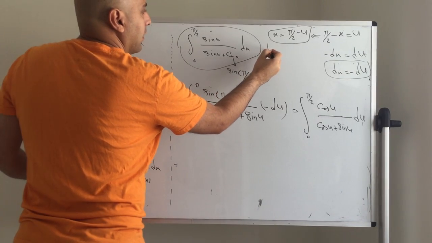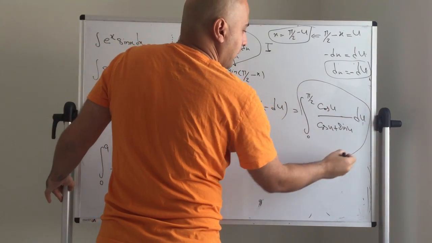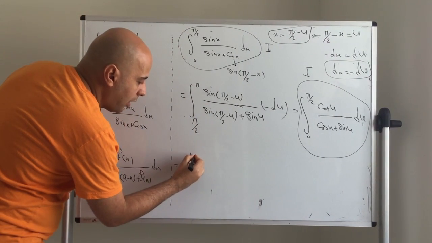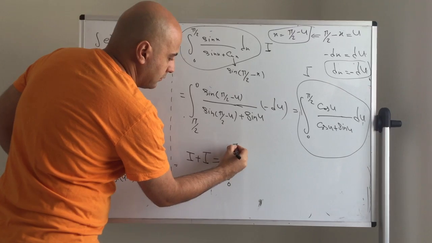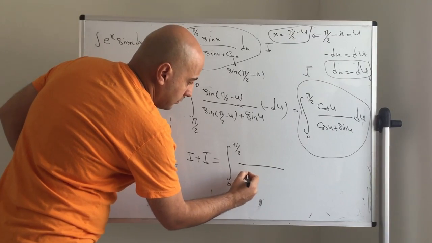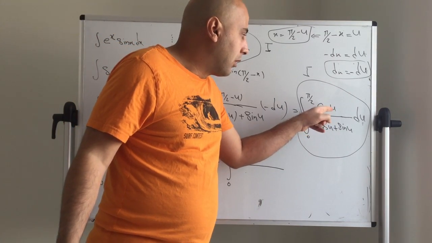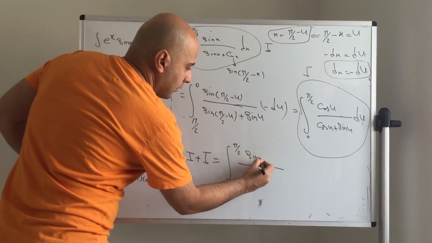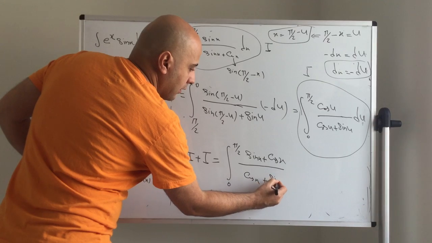This one is I. This one is the same, also I. So let's see, when I find I plus I. I can easily change the name of the variable to x, so sine x plus cosine x.